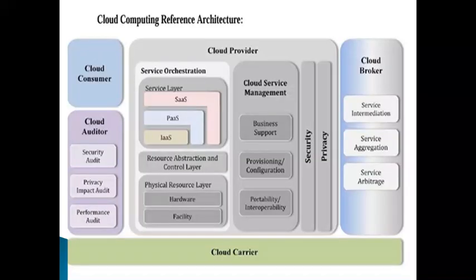Next, we're going to see the NIST Cloud Computing Reference Architecture. This diagram is based on the NIST model that defines the standardized approach to cloud computing roles and components. The architecture is designed to promote interoperability, security, and role clarity among the stakeholders in a cloud ecosystem. Cloud consumer.